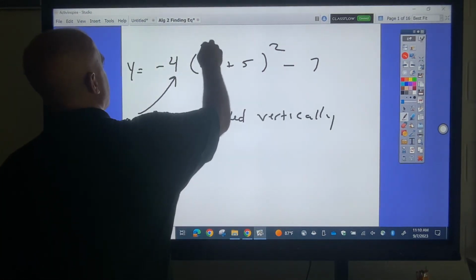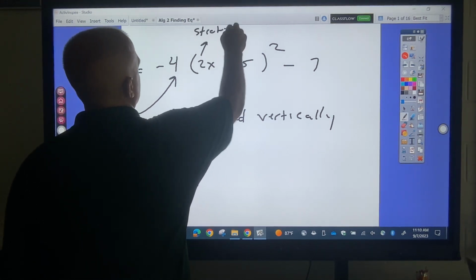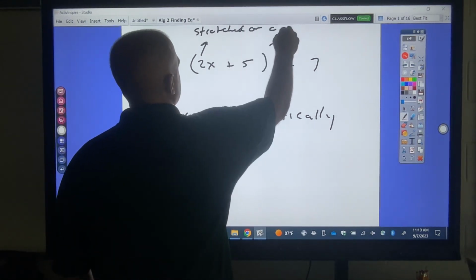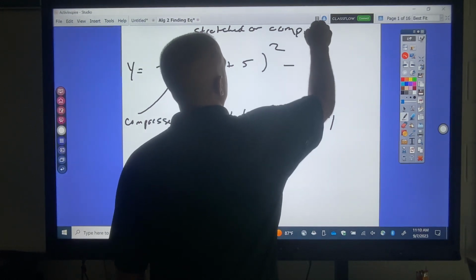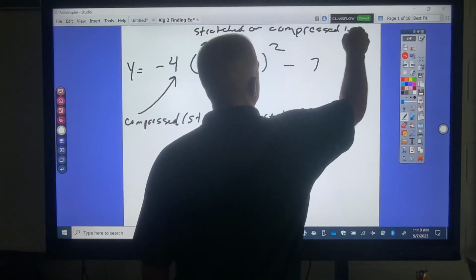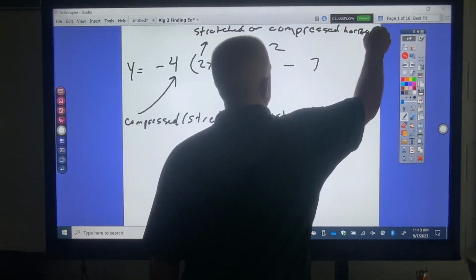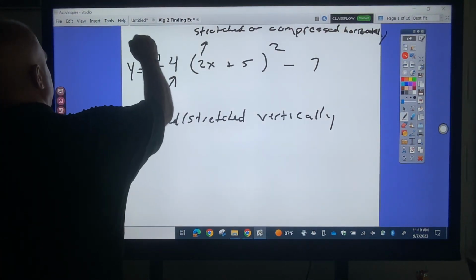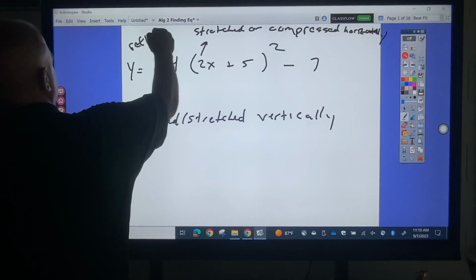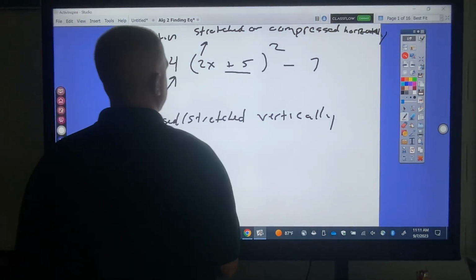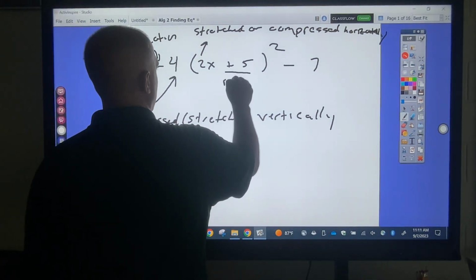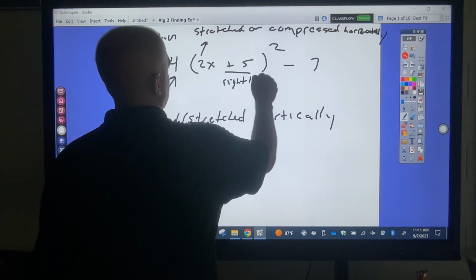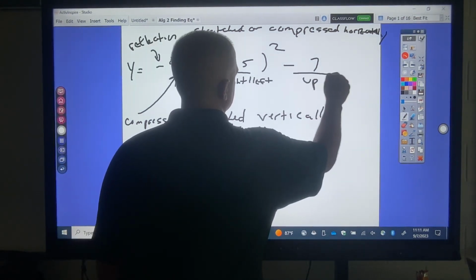This number here means stretched or compressed horizontally. This negative represents a reflection, and this will be either right or left. This will be up or down.